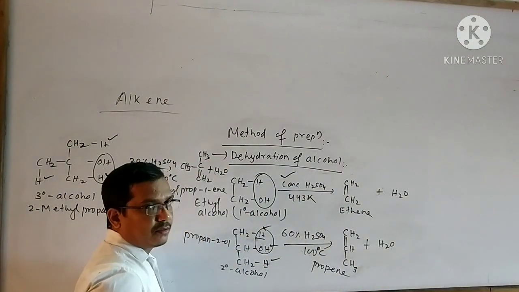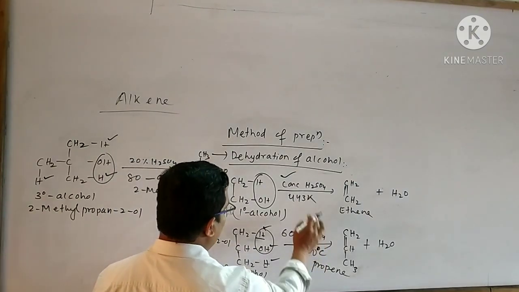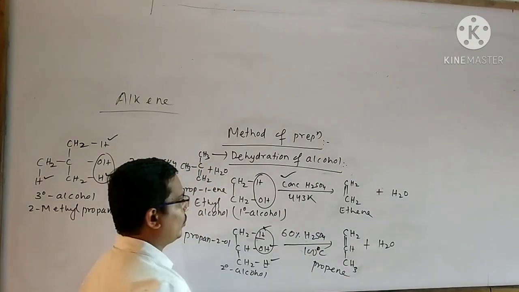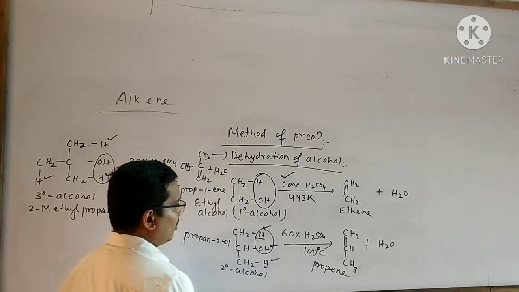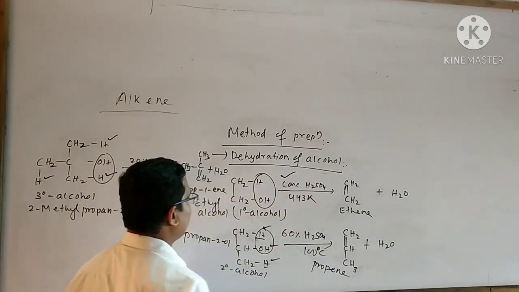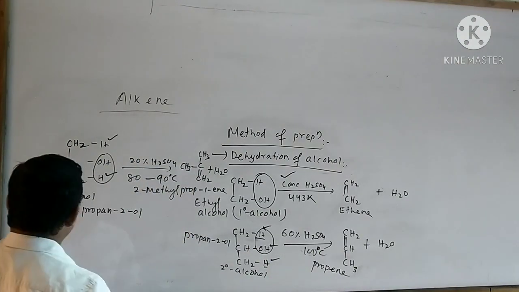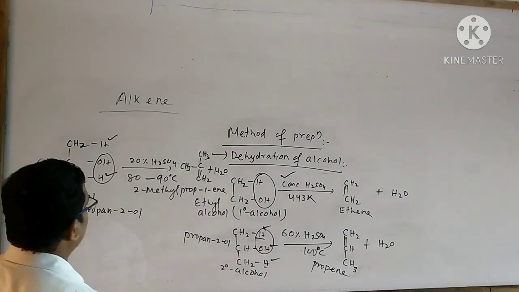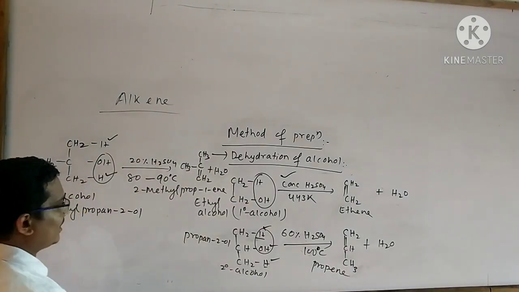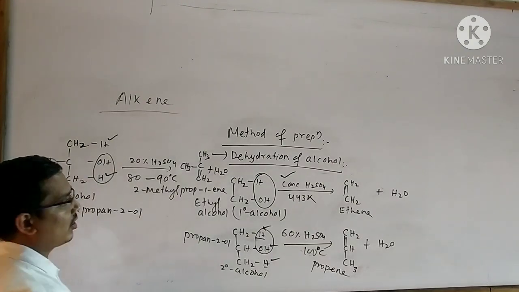But in case of 2-degree alcohol, we need less concentrated H2SO4 and also a lower temperature compared to 1-degree alcohol. Similarly, in case of 3-degree alcohol, the temperature is very low and the concentration is less as compared to the H2SO4 used in other alcohols.